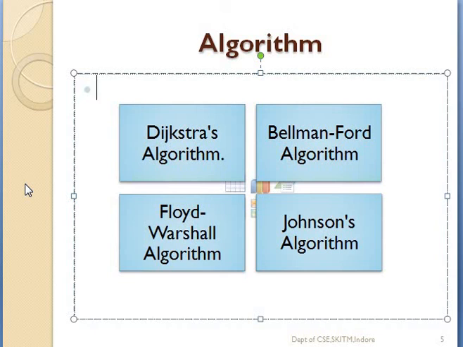Different algorithms have different procedures and different constraints. With the Floyd-Warshall algorithm, we can find the shortest path between every pair of vertices, whereas with Dijkstra's algorithm we can find the single source shortest paths from the source to destinations.